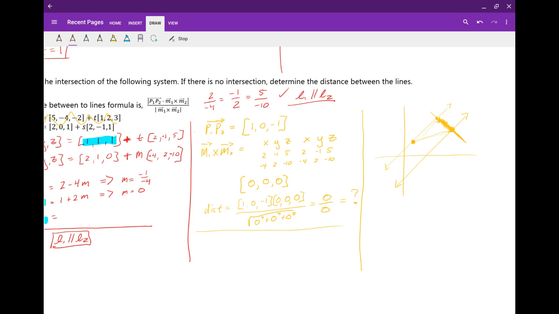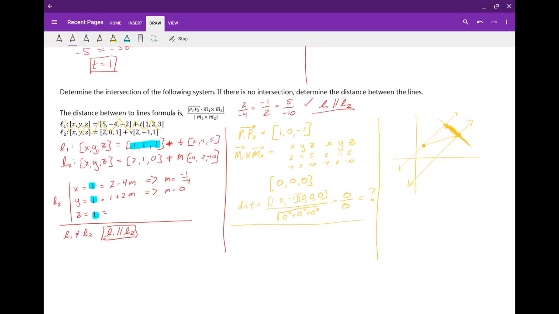That projection would be the distance between these two lines. The thing is, now that I'm thinking about it, our textbook doesn't ask us to do that, and I've never asked a question on a test like that, so I'm not going to go through the math. That's how you would do something like that.